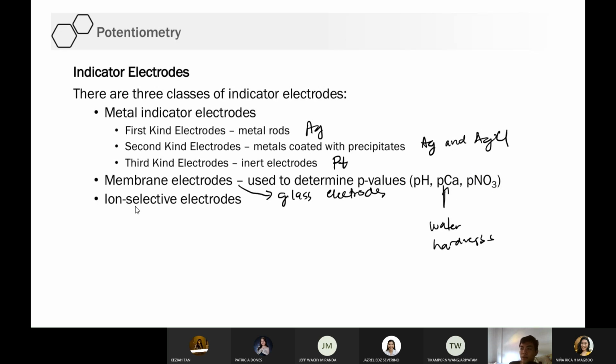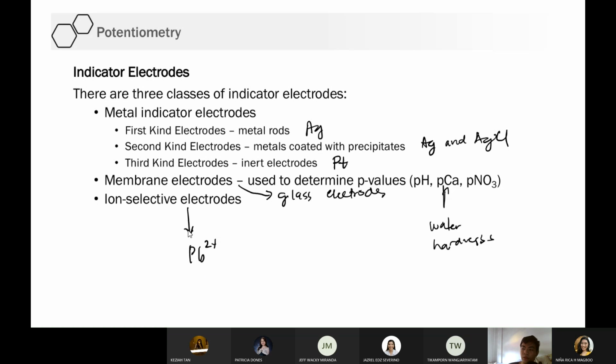Okay. So for ion selective electrodes, these are any ions other than these ions here. For example, you can use a lead electrode to determine lead ion. Okay. So this is actually the thesis of one of the chemistry board examiners in the Philippines.